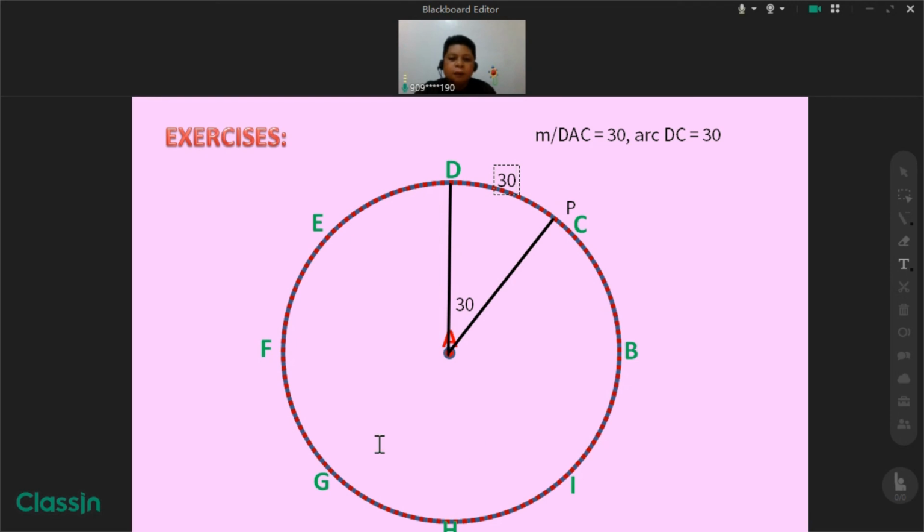Okay, so let's have another segment. If A is also the center and this is a radius, and we have also this segment.